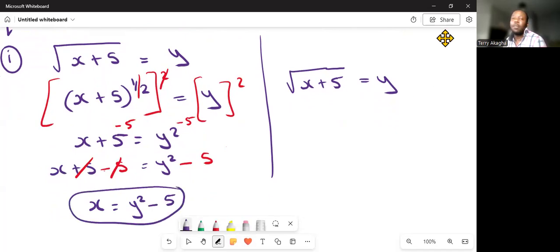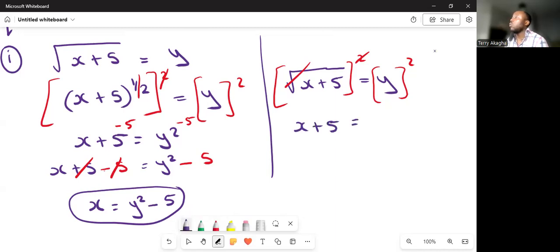Now, for those that are very conversant with the inverse power, you just know that to remove the square root, you just have to square both sides. So square root will cancel out squared. You now have x plus 5 equal to y squared. Now to get rid of the 5, you subtract 5 from both sides. So it's going to give us x plus 5 minus 5 is equal to y squared minus 5.